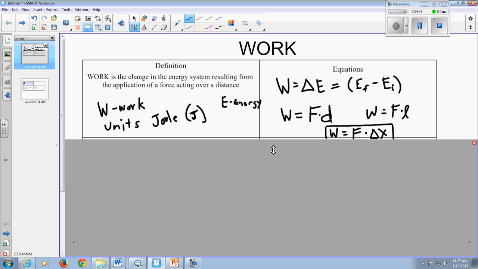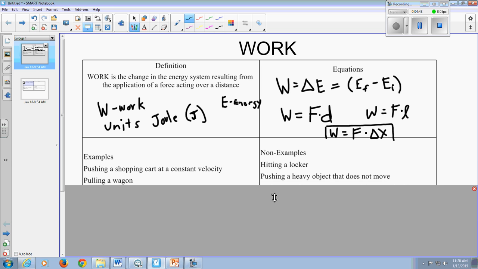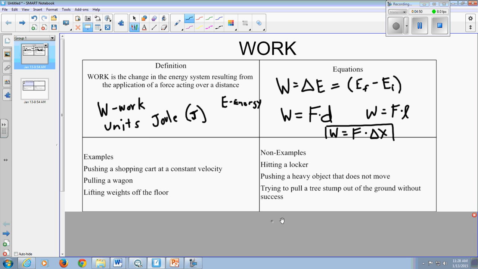Now we know the equations, so let's talk a little bit about examples of what is and what isn't work, and why they are or are not examples of work. One thing is pushing a shopping cart at a constant velocity. You're doing work because you're applying a force, you're pushing, and you're moving the cart a distance, or a displacement. You're pulling a wagon.